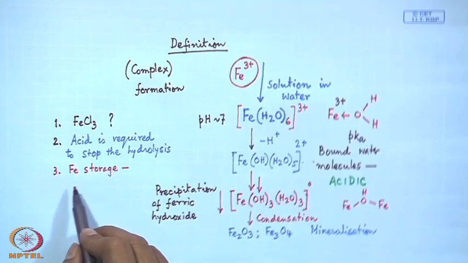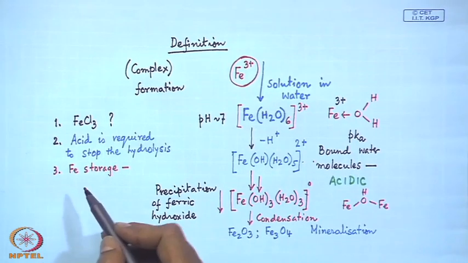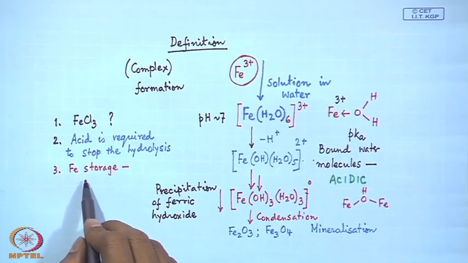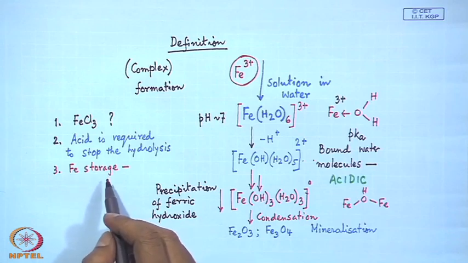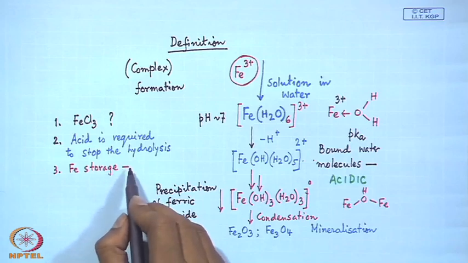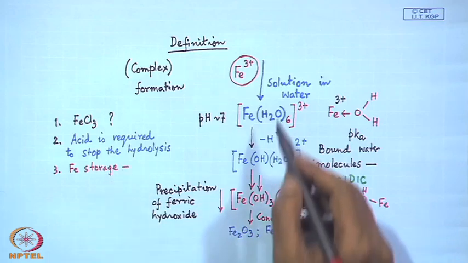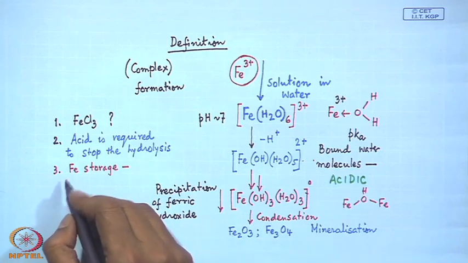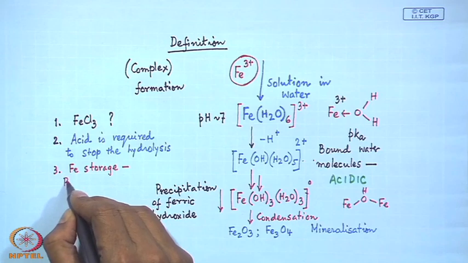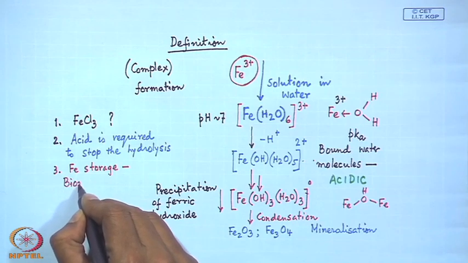If iron intake is surplus, not immediately required for the production of hemoglobin and myoglobin molecules, excess iron can be stored in this fashion and mineralization can take place, and this particular process we will call biomineralization.